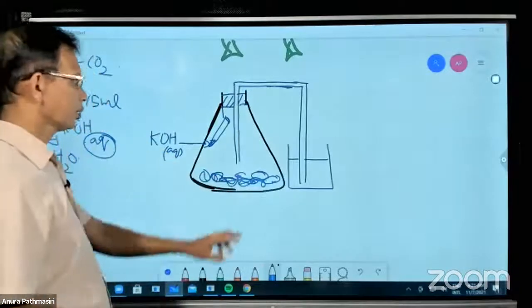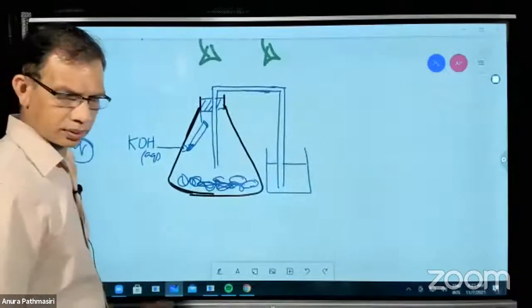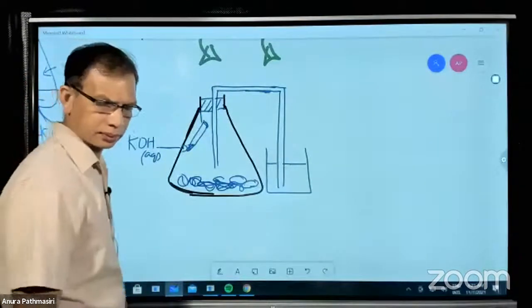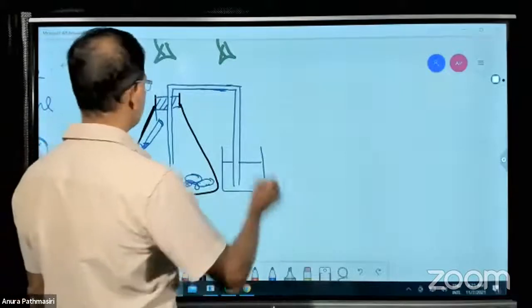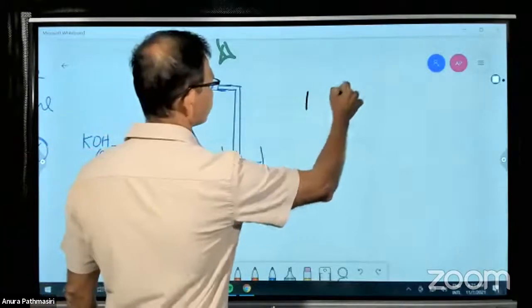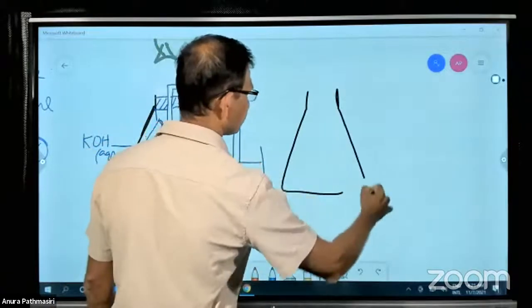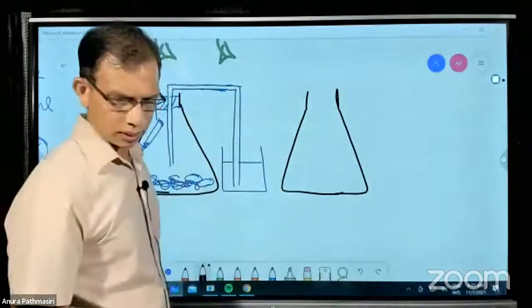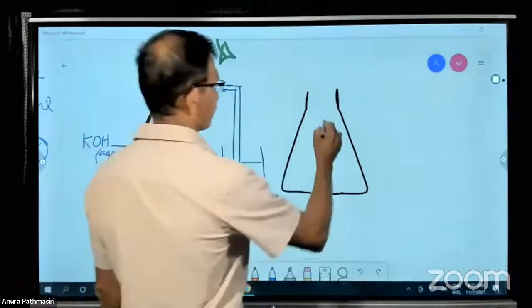That is one setup, and the same thing is prepared again, only the thing that there you don't have this one. So the conical flask is used.